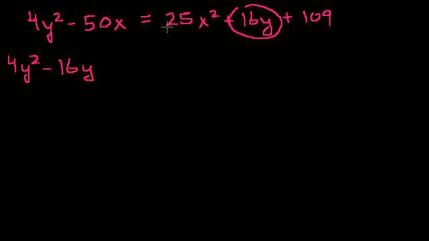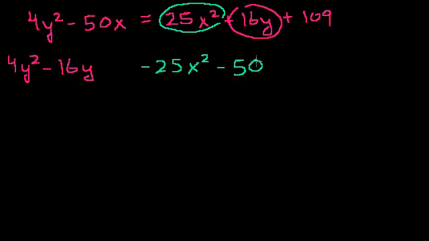And then I want to subtract the 25x squared from both sides, so I get minus 25x squared minus 50x. And then I'll leave this 109 on the right-hand side, is equal to 109.